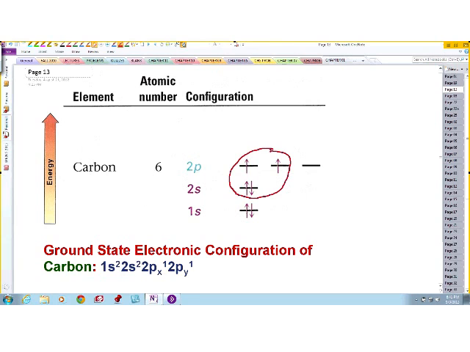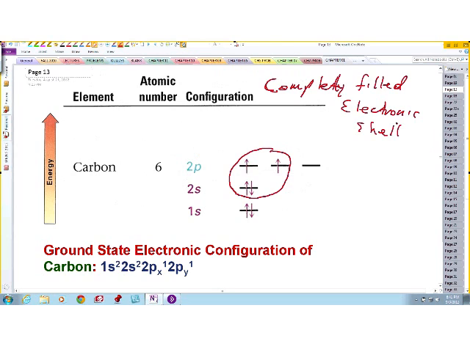And for them to form chemical bonds, they want to have a completely filled electronic shell. That, for the most part, is why they want to form bonding, because that gives them stability.